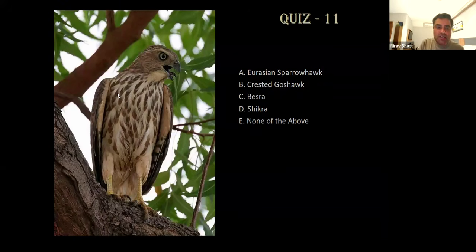But Crested Goshawk has a more spotted appearance with more white on this. What we see here is a robust beak, which is similar to Crested Goshawk, but we also see a very dark eye ring. So a dark eye ring is one uniform pointer, along with vertical, prominent streaking, which makes it a Shikra.